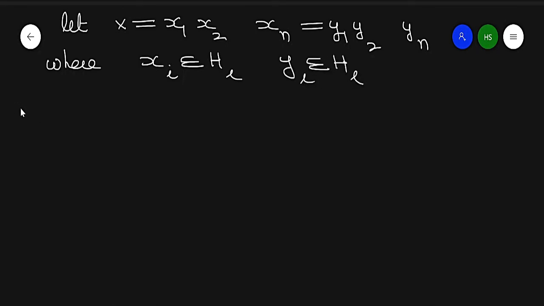To prove the uniqueness, Xi should be equal to Yi. So I will prove this result.